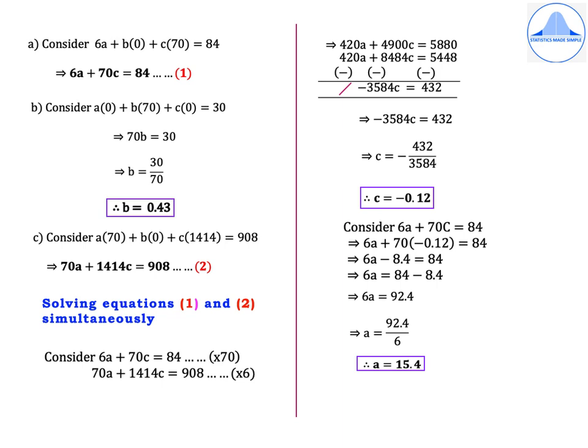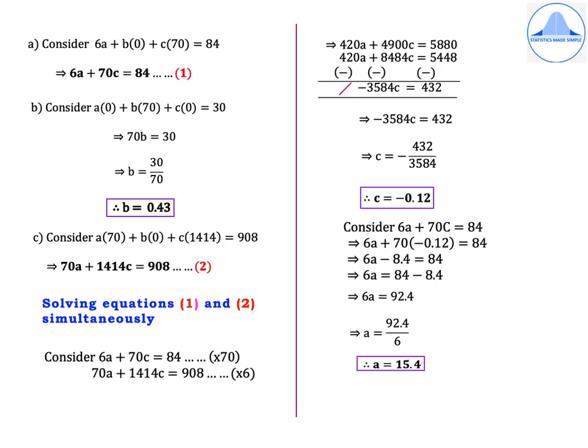Now, substituting for c in the first normal equation, 6a plus 70c equal to 84, we get 6a plus 70 into minus 0.12 equal to 84, which implies 6a minus 8.4 is equal to 84, or 6a is equal to 84 plus 8.4, which is 92.4, or a is equal to 92.4 divided by 6.